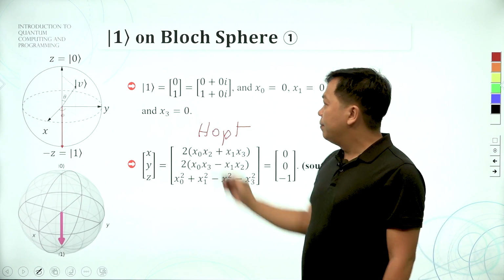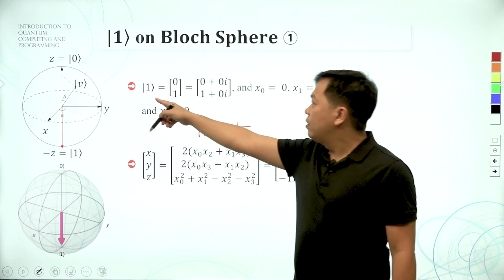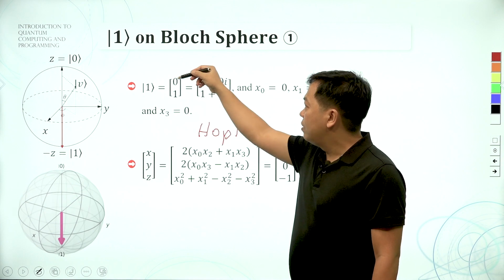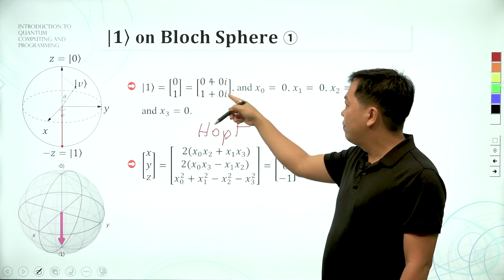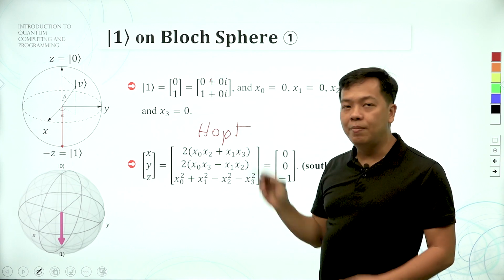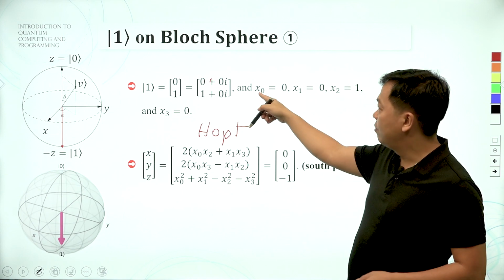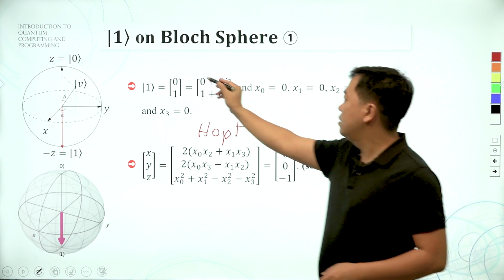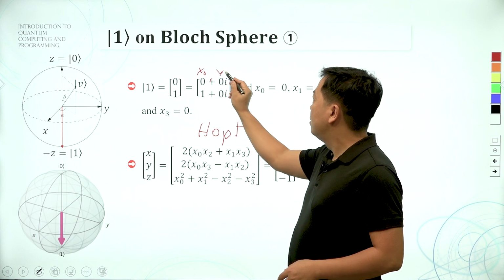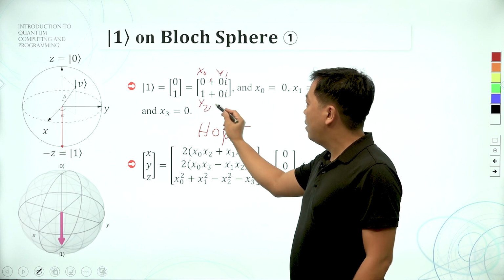Originally quantum bit 1 is equal to (1, 0), and you can transfer it to the complex vector and replace x0, x1, x2, x3.